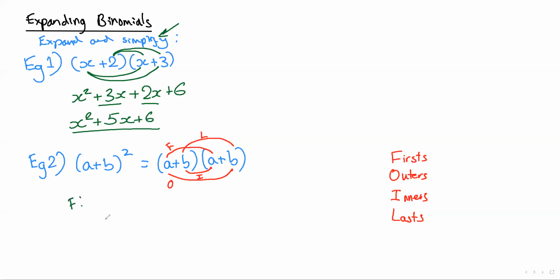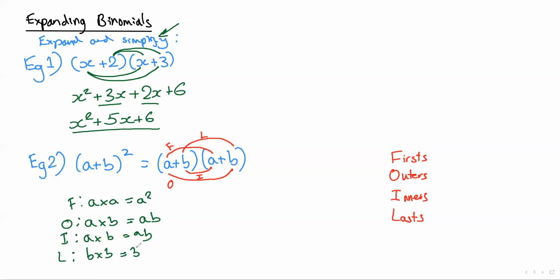So for F, we have a times a, which is a squared. For our O's, our outers, we have a times b, which is just ab. For our inners, we also have a times b, which is ab. And for our lasts, we have b times b, which is b squared.